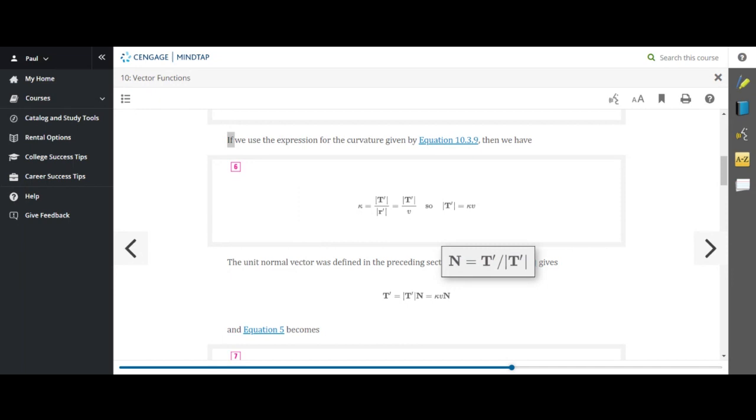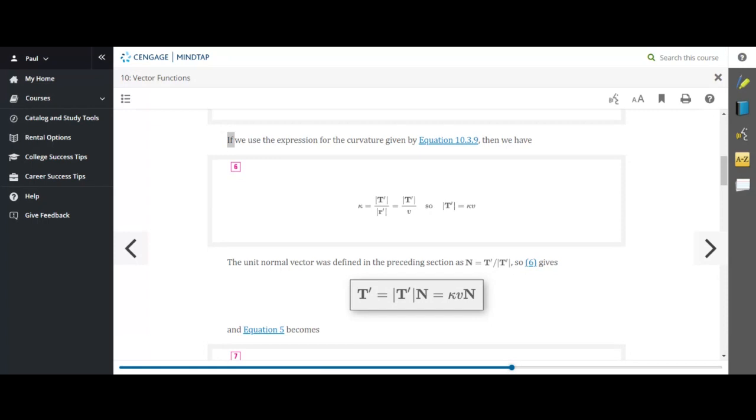And this means then that the derivative of the tangent vector, and we're focusing on that because it's one of the expressions in our acceleration vector, is just equal, therefore, to the length of the derivative of the tangent vector times the normal vector, which is equal to the curvature times the speed times the normal vector.